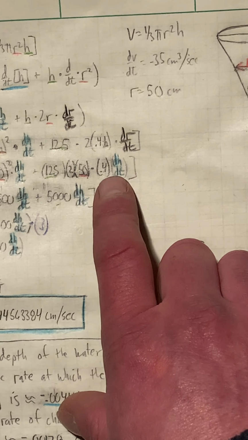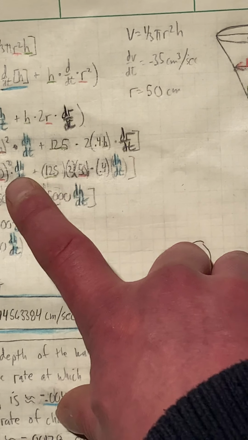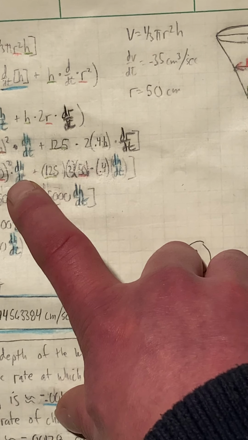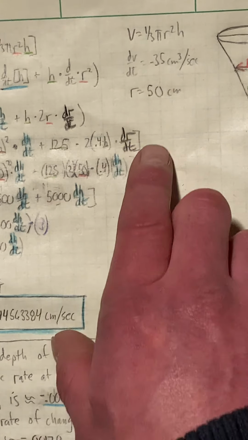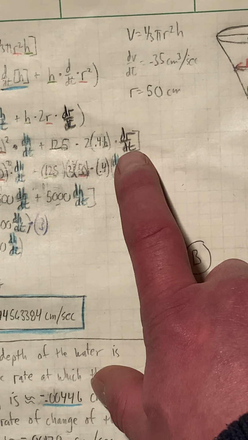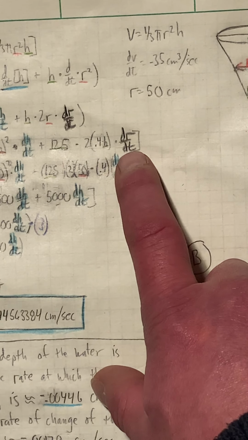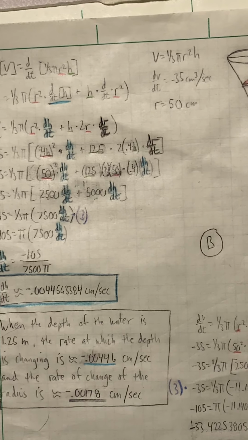In order to find the rate of change of the depth, we're going to convert this dr over dt into dH over dt, because we're looking for dH over dt.